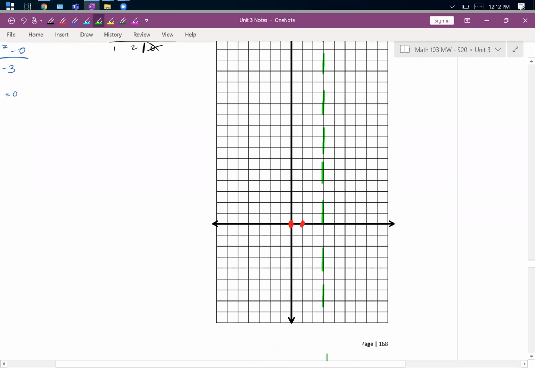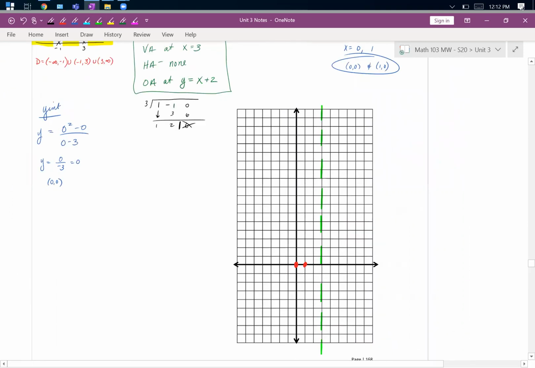And then we have an oblique asymptote at y equals x plus 2. You may be thinking to yourself, well, Allison, how am I supposed to graph that asymptote? The exact same way you would if you were graphing a line, right?